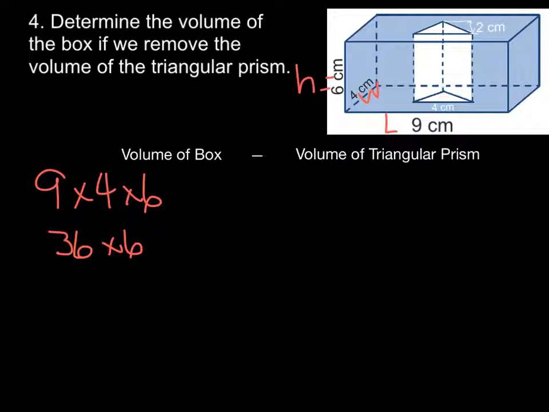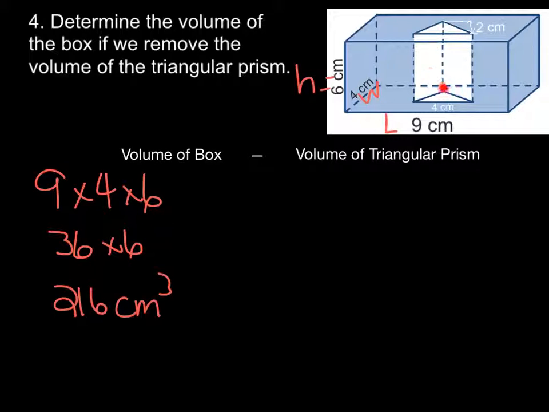Okay, and that's going to give us 216 centimeters cubed. Okay, so that part's kind of easy. We've done volume of a box many times. Now the more difficult part is finding the volume of that triangular prism here.